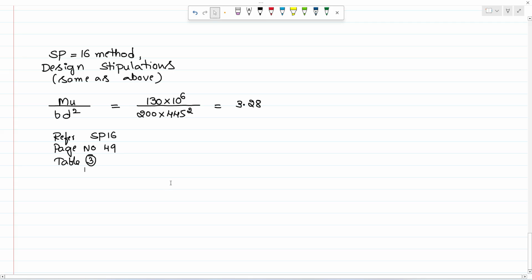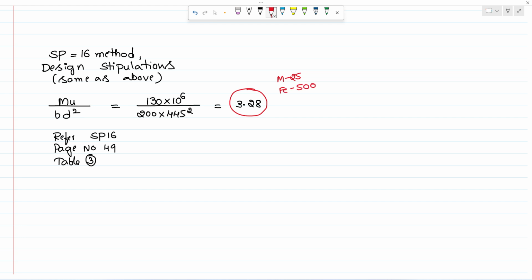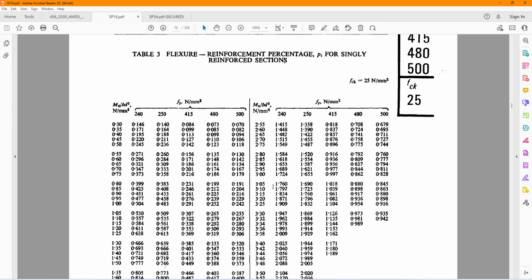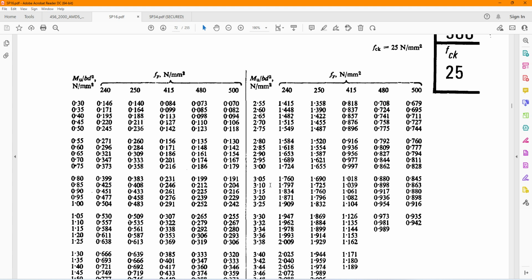So what is the Mu divided by BD square value? It is 3.28. So your grade of concrete is M20, grade of steel it is Fe 500. So 3.28. I will take this value 3.30 for Mu by BD square 3.30.